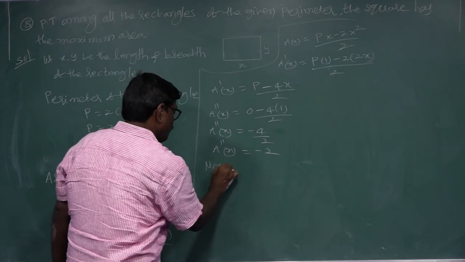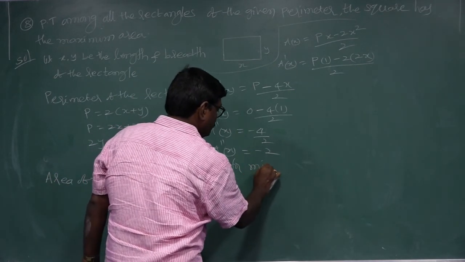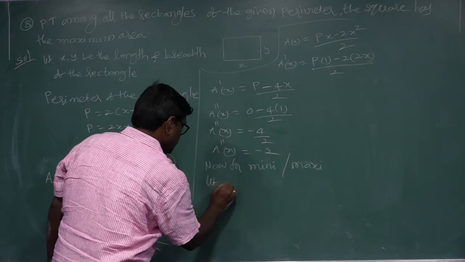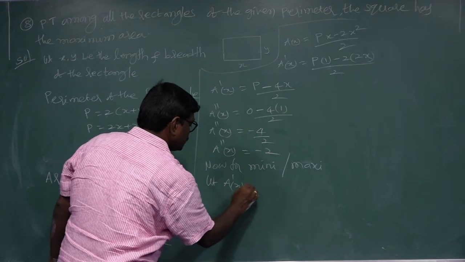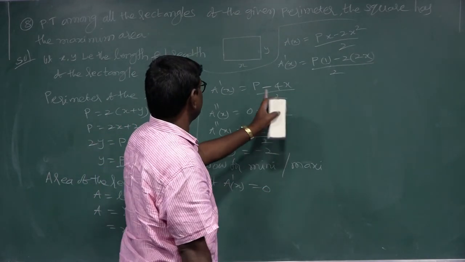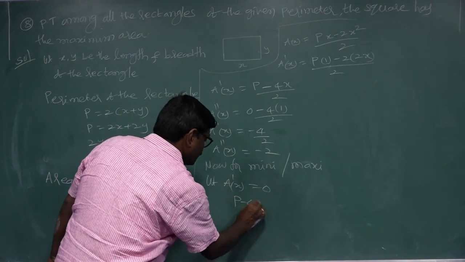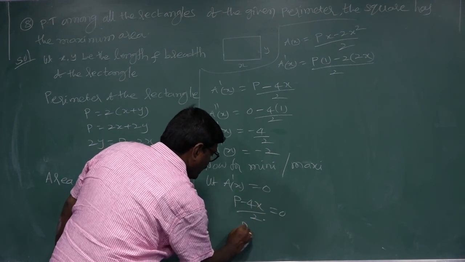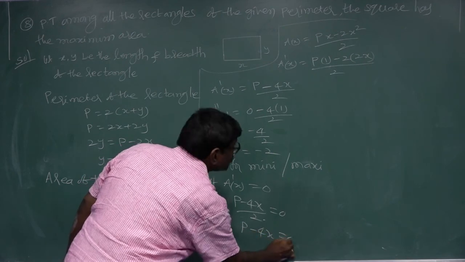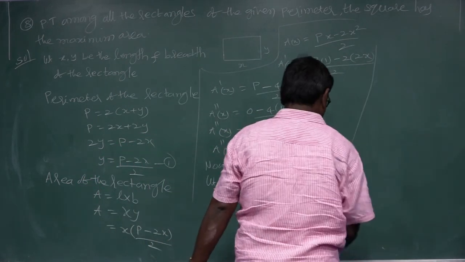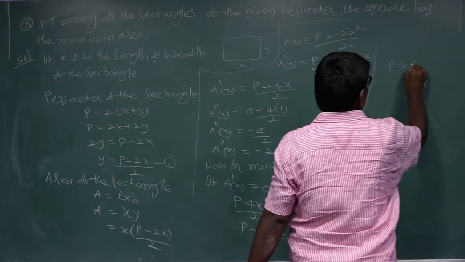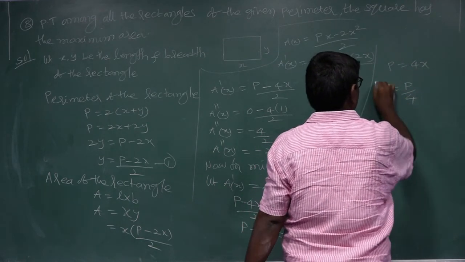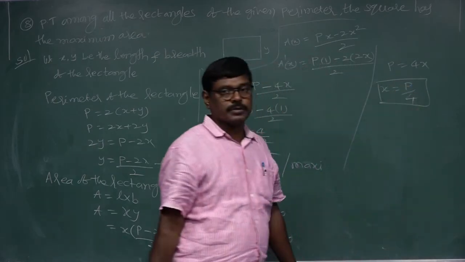Now for minimum or maximum, let A dash x equal to 0. A dash x value is this: P minus 4x by 2 equal to 0. Taking the 2 outside, P minus 4x equal to 0. P equal to 4x. X equal to P by 4.